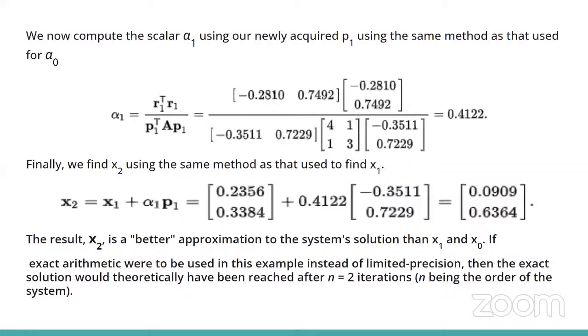If exact arithmetic was used in this example, instead of limited precision, then the exact solution would theoretically have been reached after n equals 2 iterations, n being the order of the system. So once the solution is looking closer to what we had as our exact, you can just end the iteration, except it just keeps going on and on.